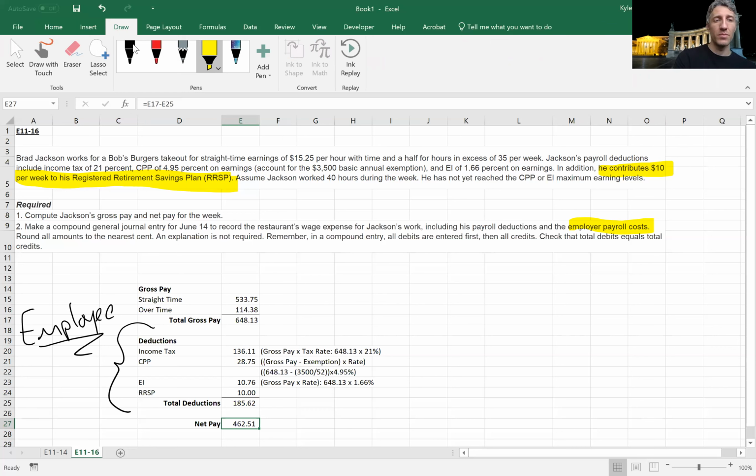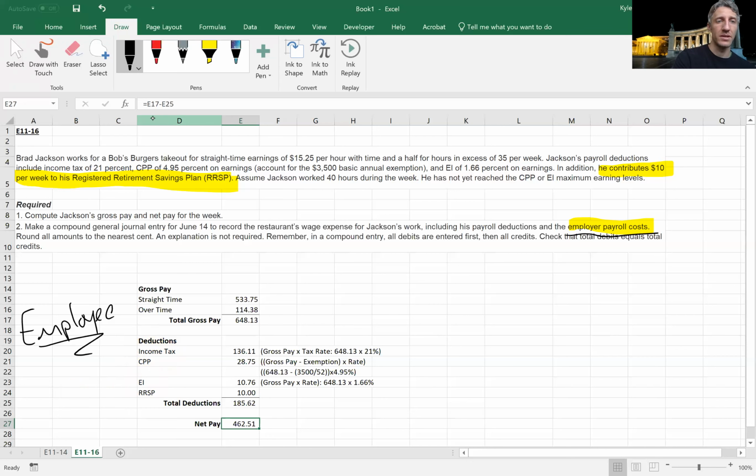These are all the employee's responsibilities, but CPP and EI are cost shared, which means the employee pays a part and the employer pays as well. So that's what's meant by the employer payroll costs. What's cost shared between them?